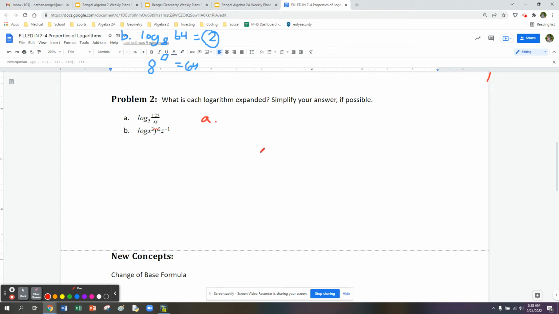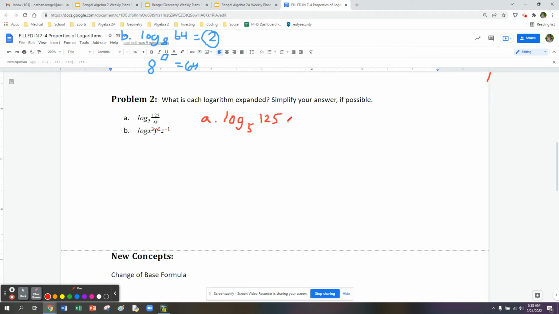So I'll have 3 minus the log base 5 of x and minus log base 5 of y. So there would be our final expanded log. So I can take that numerator, that becomes 3, and then since both x and y are in my denominator, I'm subtracting both of those.